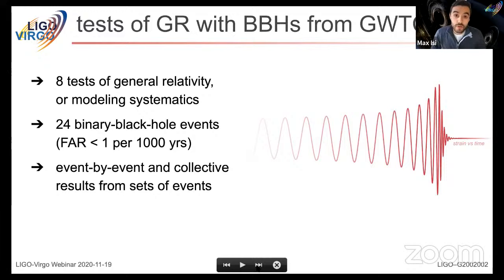In this paper, we do that in 8 different ways. And these 8 different tests, which are designed to target different parts of the signal morphology, are sensitive not only to deviations from general relativity, but more generally to any sort of modeling shortcomings that will show up as systematics in our detections.